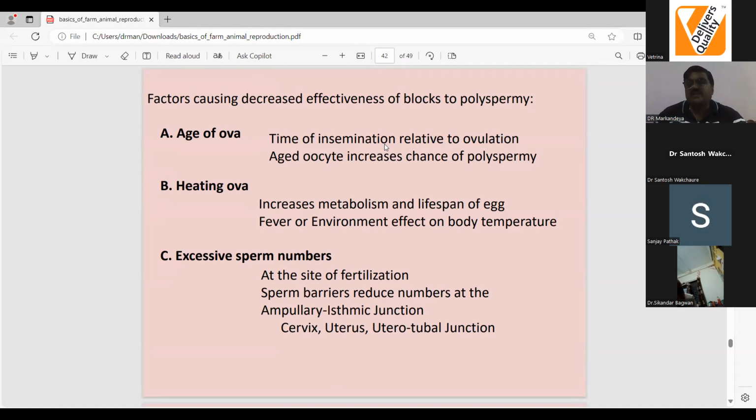Out of 100 normal cyclic cows, 80 to 85% have normal fertilization, and 15% may have failure of fertilization. They have 10% embryonic mortalities, and 75% conceptions and embryonic developments are there. So out of 100, 75 animals are expected to become pregnant in a normal case.